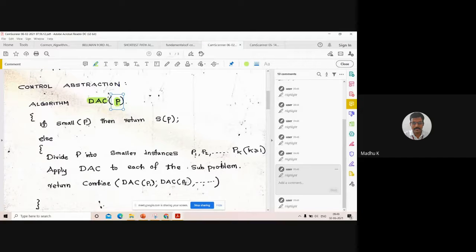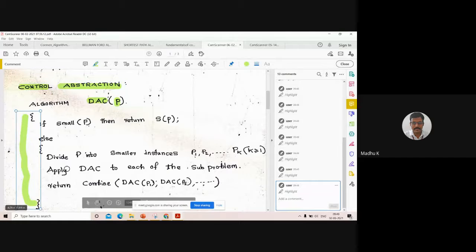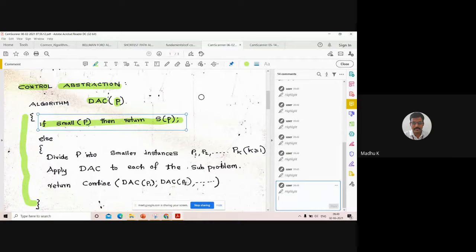Next, we will use the divide and conquer approach, and the control abstraction is the format of solving the problem. In the first part, you can note here, this is the base condition. This is a recursive algorithm, and this is the base condition.